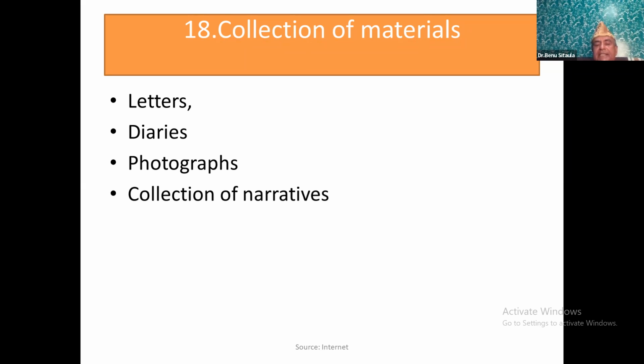Similarly, diaries are another information tool, because most people in modern times have a hobby of writing diaries. If the researcher gets the diary of some person and goes through it, then he can get much information and collect the data.